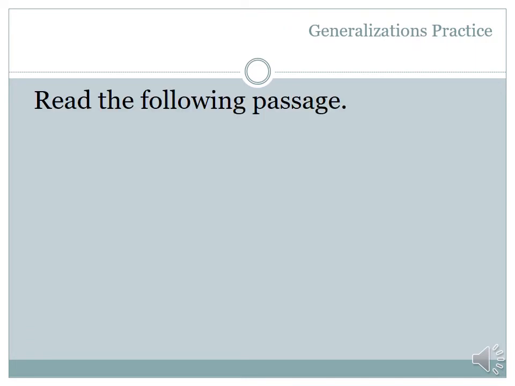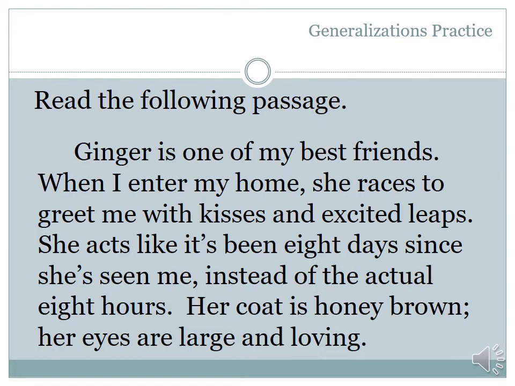Now let's have another practice on how to make generalizations. Read the following passage. Ginger is one of my best friends. When I enter my home, she races to greet me with kisses and excited licks. She acts like it's been 8 days since she's seen me, instead of the actual 8 hours. Her coat is honey brown.